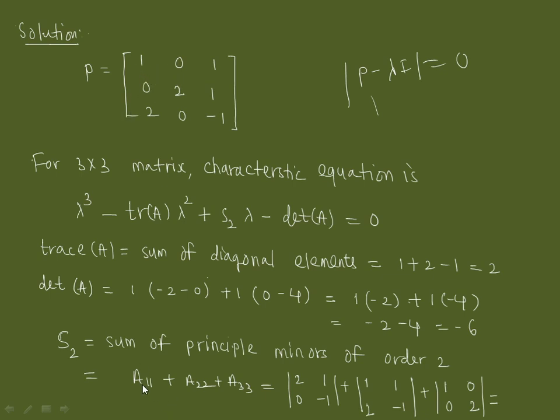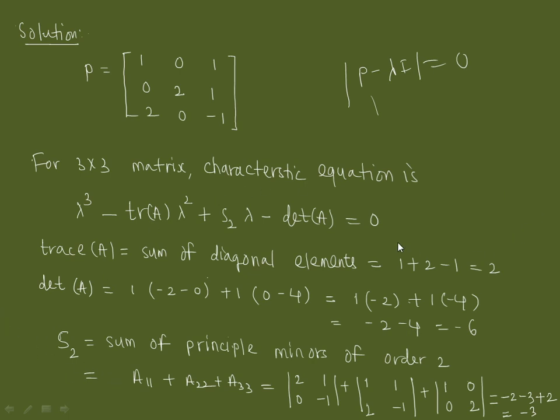The principal minor A11 is the determinant of the remaining part after deleting the first row and first column. What is A22? The determinant of the remaining part after deleting the second row and second column, and similarly for A33. These are the principal minors, and this S2 will be minus 3.